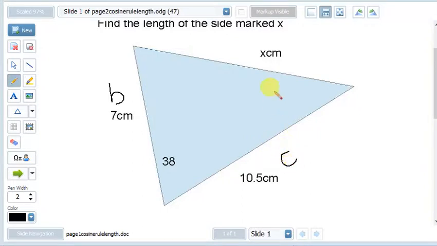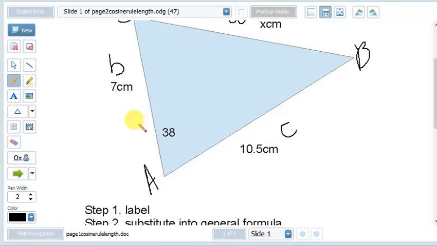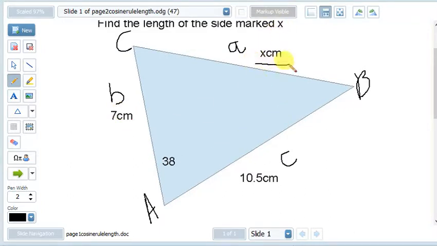This side here is little c, this side here is A, so that means that this vertex here is capital A, this one here is capital B, and this one here is capital C. Okay, so you can see there that the vertex big C, the side opposite that is little c, and so on. So vertex B, little b is opposite, and A. So first of all, we're trying to work out side X, which is A.